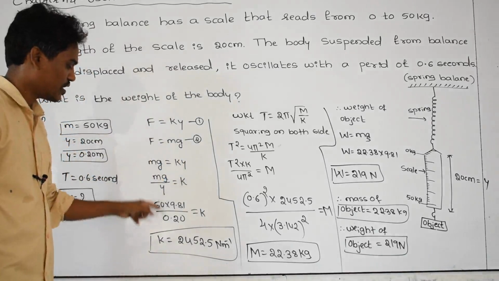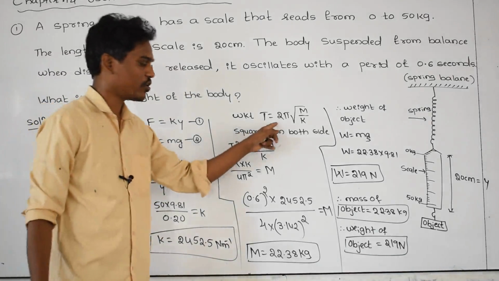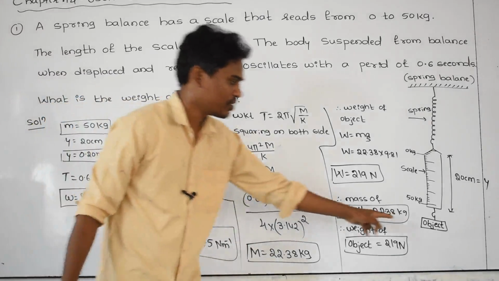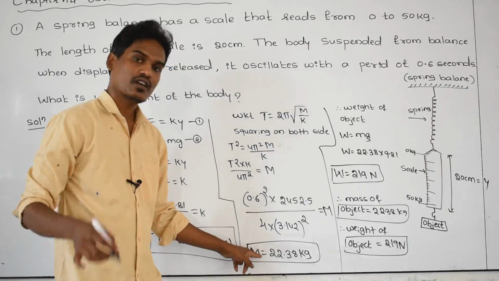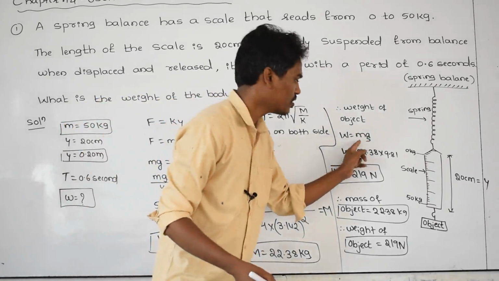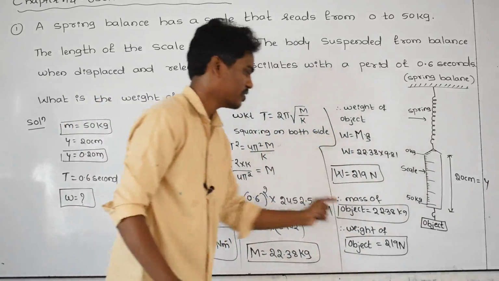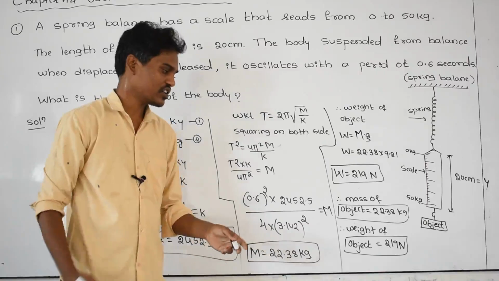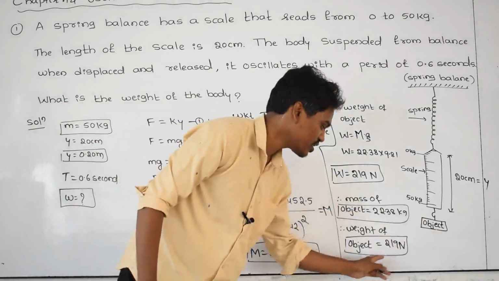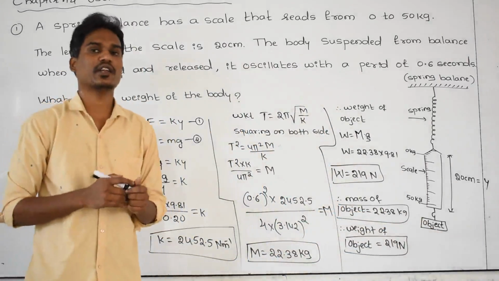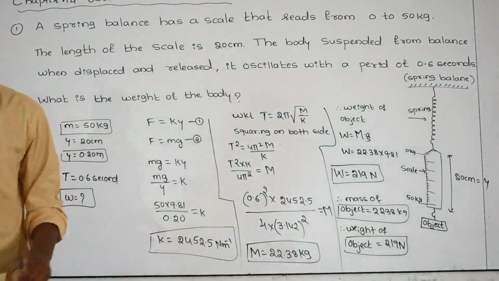Equate those two, then you are getting K. Substitute in this theoretical formula. The mass of the object you are getting, that is capital M. Weight is nothing but mass into g. Then multiply, you are getting the weight of this object equal to 219 Newton. And please note down this one.